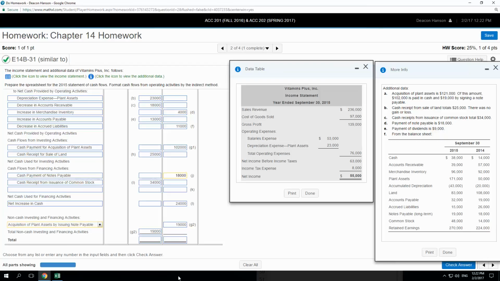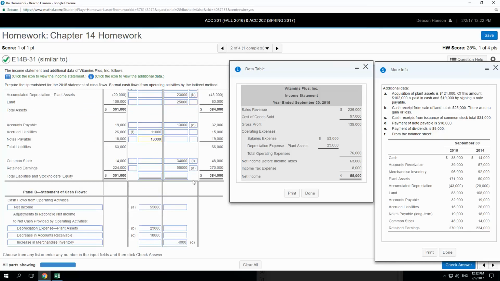We've got letter J. That should tie out. Now, like I was saying, we want to always check the account. So in this case, 26 minus 11 is 15. Now look at the note payable. 18 minus 18 is 0. But they're showing an ending balance of 19.